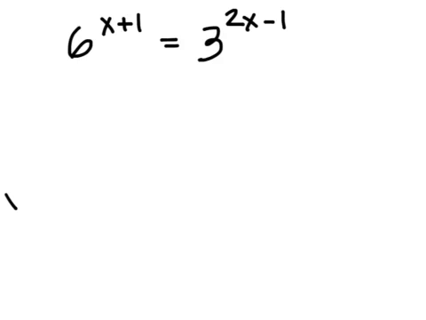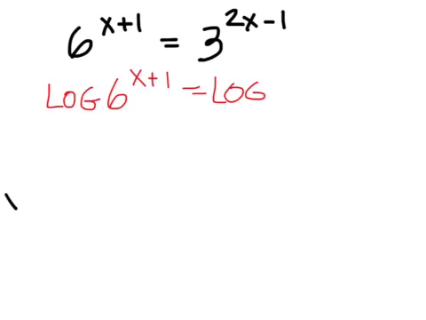We're going to use a log of both sides. So log of 6 to the x plus 1 power equals log of 3 to the 2x minus 1 power. You can't foul up that first step.